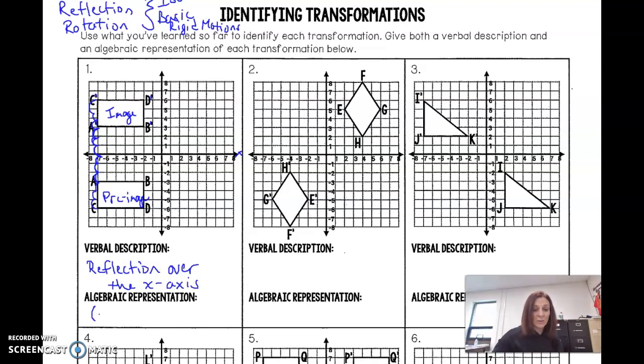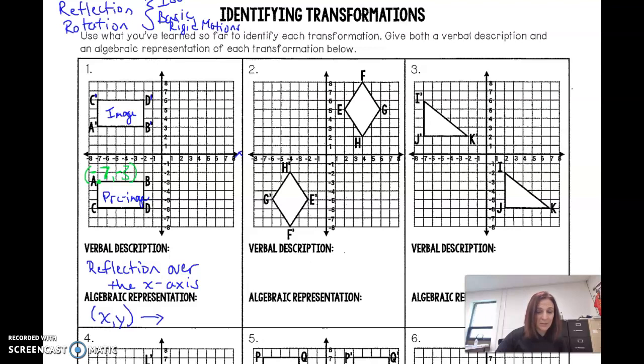So our algebraic representation, remember we have our original point, and what's happening to these? Notice that A right here is at -7, -3.